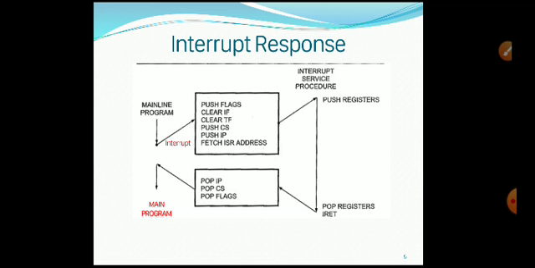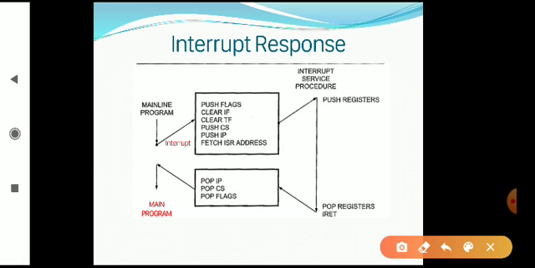At the same time, it fetches the address of the ISR. As in this figure, after fetching the address of the ISR, it goes to that particular process and executes the subroutine in order to perform the specific task requested by the interrupt.